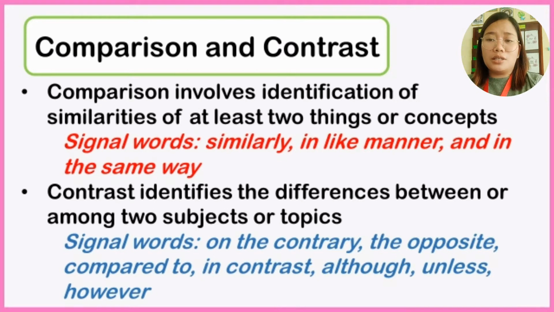For the contrast, that is identifying the differences. So, kanina, for comparison, yung pagkakapareho. For the contrast, the differences, therefore, yung pagkakaiba. Differences between or among two subjects or topics. So, gaya rin ng comparison, meron ding signal word si contrast.